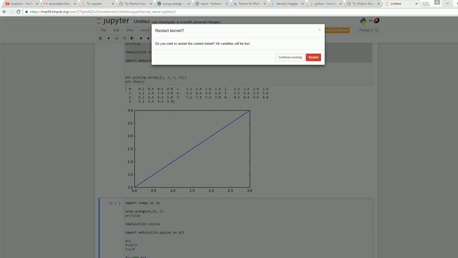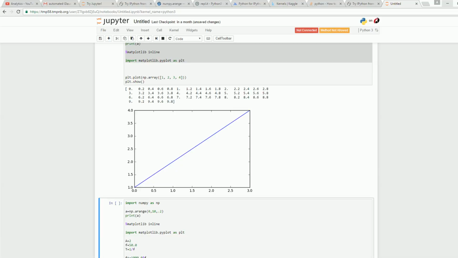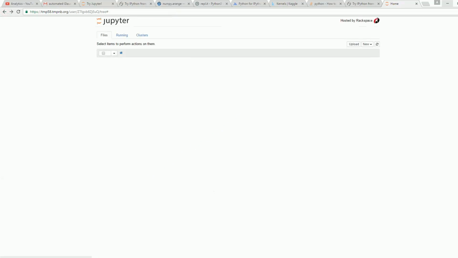Let's restart the kernel. Now let's copy it and let's create it.